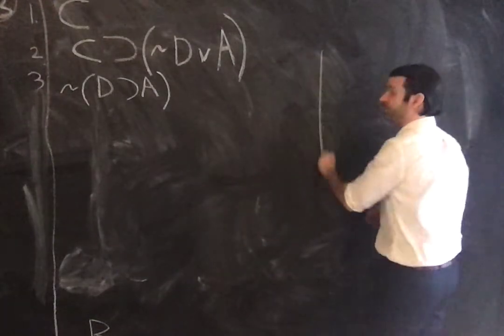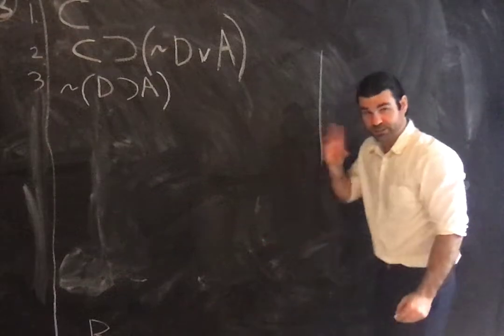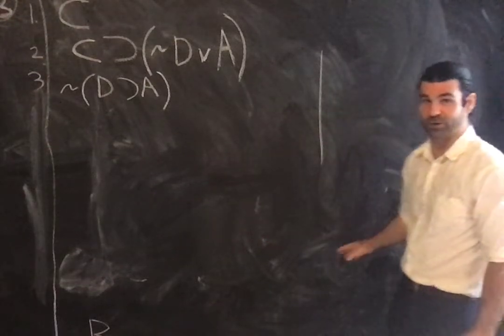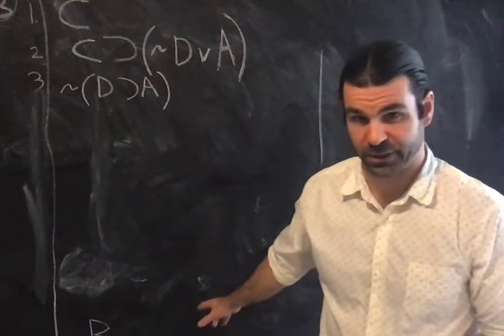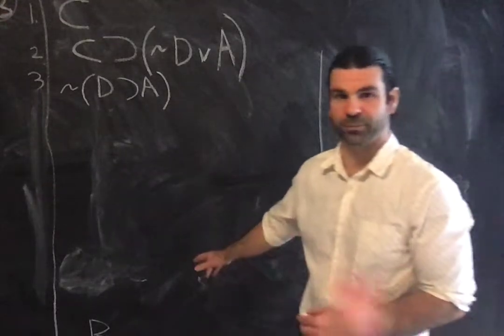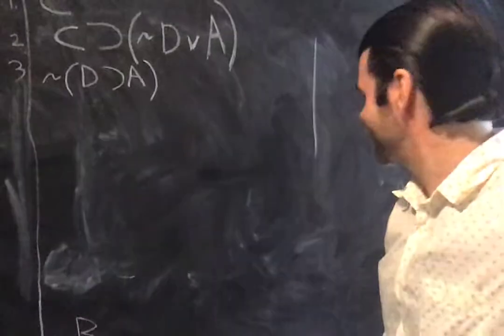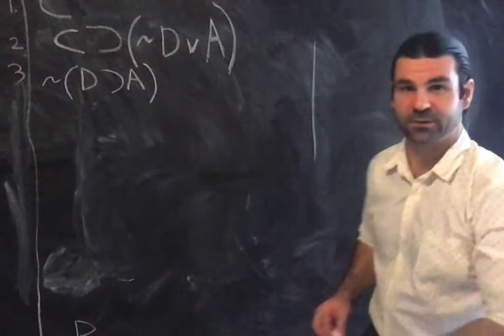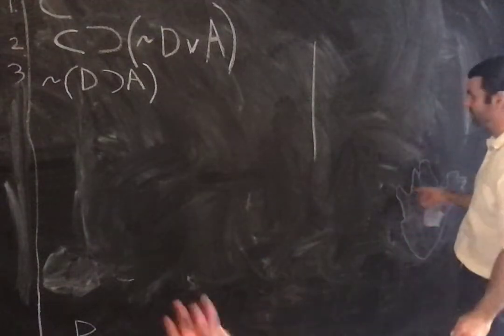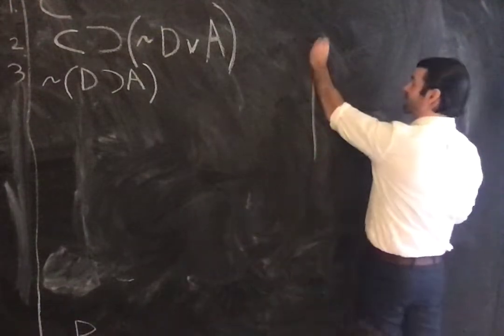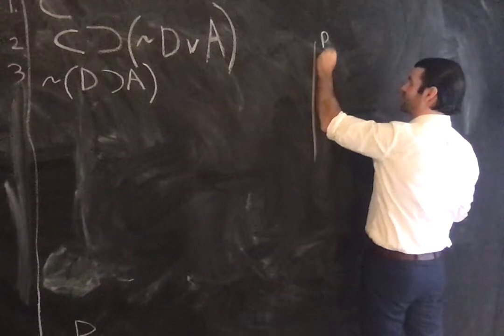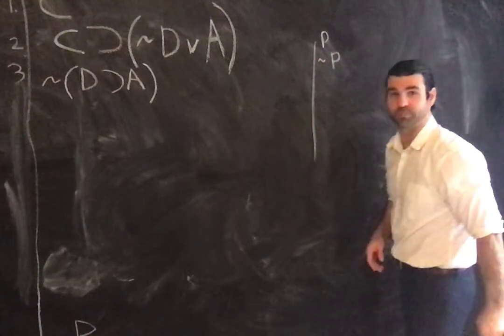Okay, so the form of your proof is going to go something like this. This is the form you want to be put in mind of if you're thinking, I'm going to have to get this formula. You're thinking, okay, I must have a P and a not P amongst my premises.